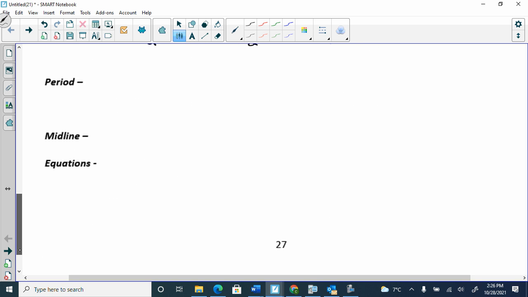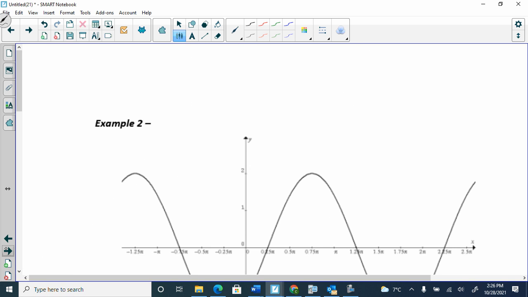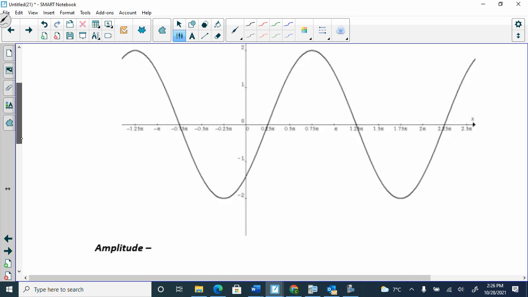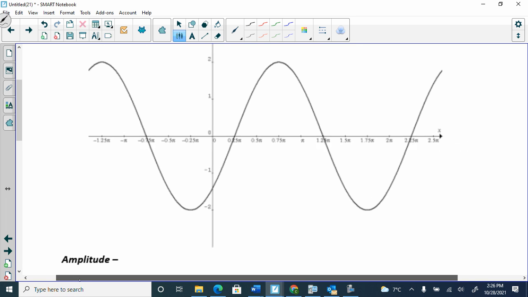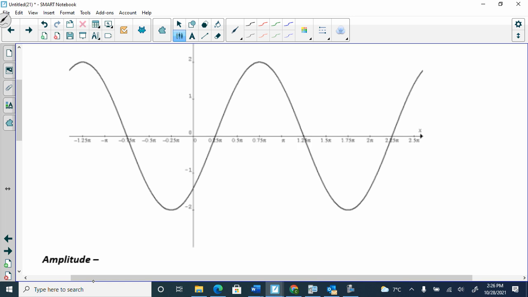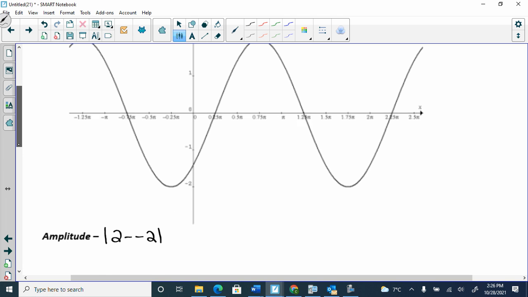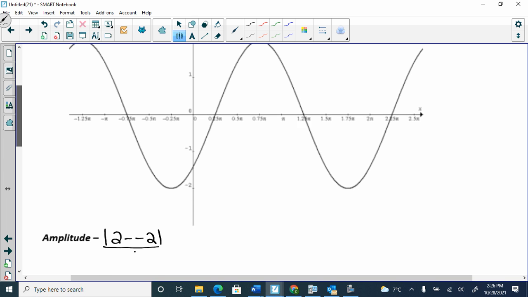I'm going to go to our next one. This one here. We're going to do our amplitude. So we're going to do the absolute value of the max. What's the max? 2 minus the min, and then I'm going to divide it by 2.